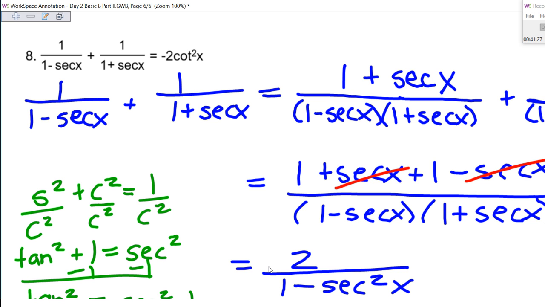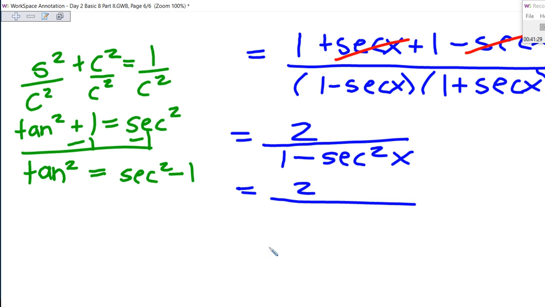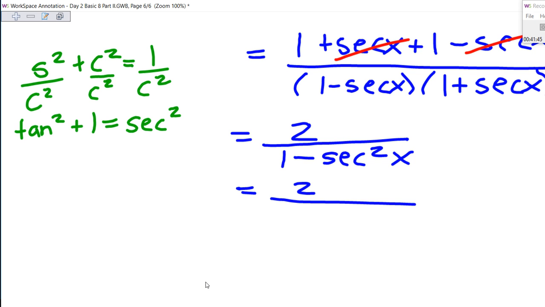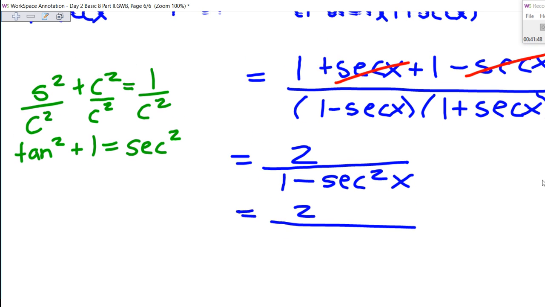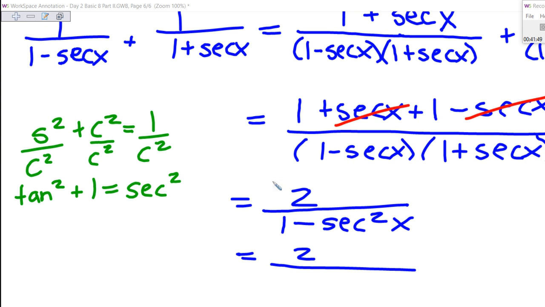So instead of 1 minus secant squared, what could I put? Oh, I messed up. We didn't want secant squared minus 1. What do we want? 1 minus secant squared. So let me correct that mistake. We want 1 minus secant squared, so I should have subtracted secant squared from both sides and subtracted tangent squared from both sides.